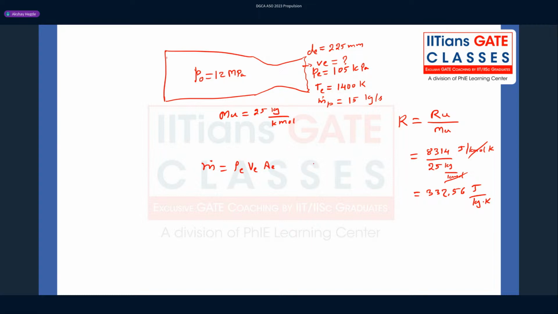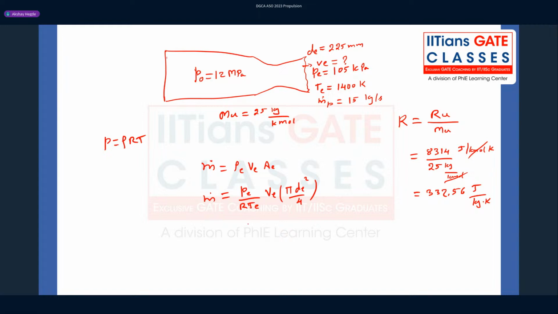Using the perfect gas law, P is equal to rho R T, I can replace density with pressure and temperature information. So I can write it as P_E by R T_E times velocity times area, which is pi d_E square over 4. All the information except velocity is known in this relation.